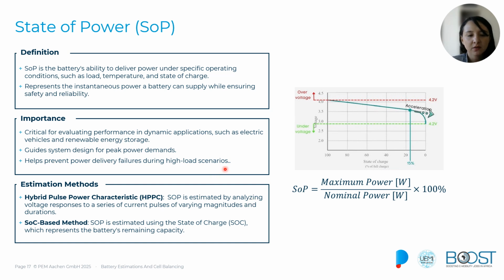This parameter is important for different reasons. One of those is that evaluating the performance of the battery based on the SOP will help us determine, in an electric vehicle for instance, the acceleration performance of the vehicle, the limitations in the acceleration that we may have, and the peak power delivery capabilities. In a renewable energy system, it will help us to ensure that the power available during, for instance, peak demand times can be supplied.